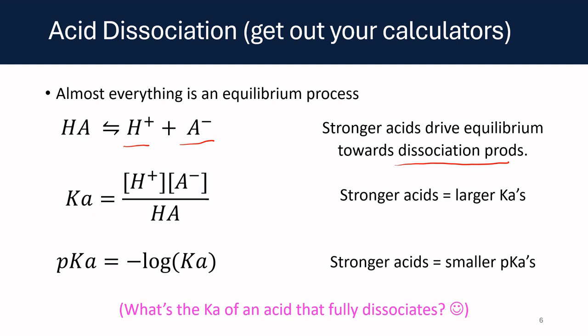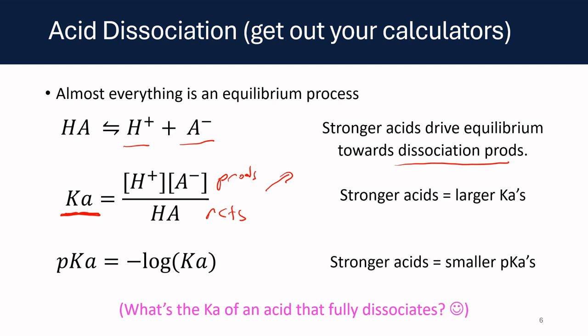This also means, said another way, that the stronger an acid is, the larger its dissociation constant, Ka, will be. And Ka is simply the ratio of the concentration of products over the concentration of reactants.